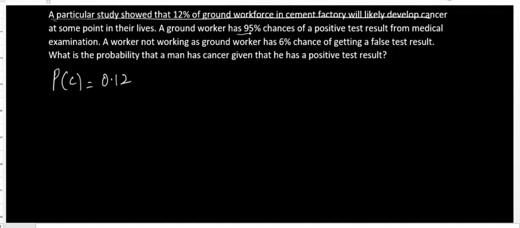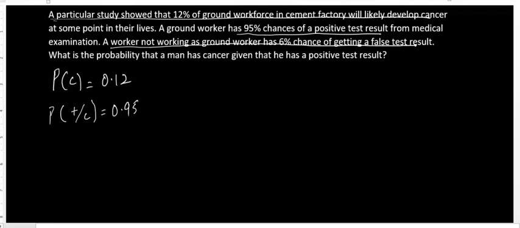A ground worker has 95% chances of a positive test result, which means that the probability that he will get a positive test result given he has cancer will be equal to 0.95. Then it says that a worker not working as a ground worker has 6% chances of getting a false test result, which means that the worker will get a positive test result given that he does not have cancer is equal to 0.06.